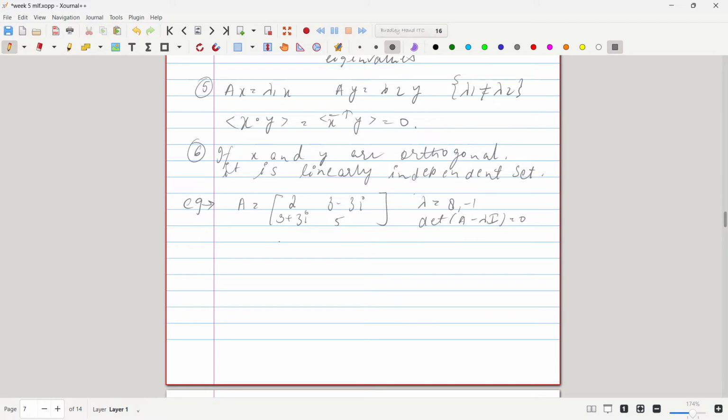Now (A minus 8I)x equals minus 6, 3 minus 3 iota, 3 plus 3 iota, minus 3, times x1 x2 equal to 0. This leads to x as 1 and 1 plus iota. So this is your first eigenvector.